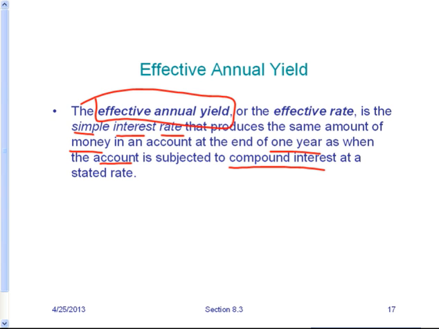If you're comparing simple interest versus compounded monthly versus compounded daily versus compounded continuously, it gets too confusing. Those are apples and oranges. So effective annual rate gets rid of all that compounding so that we're comparing the same thing.